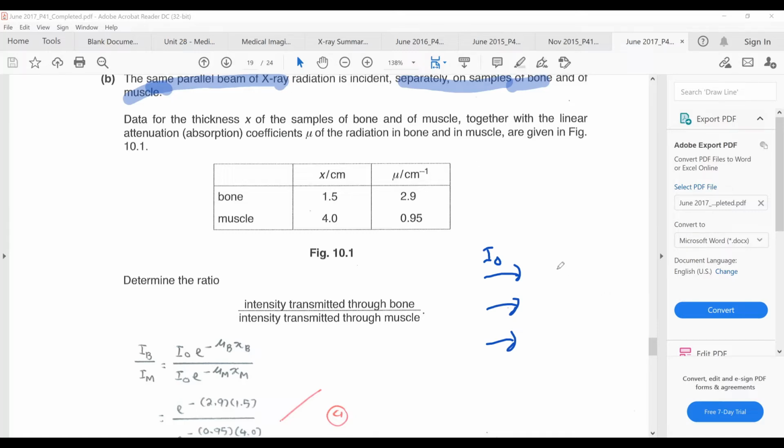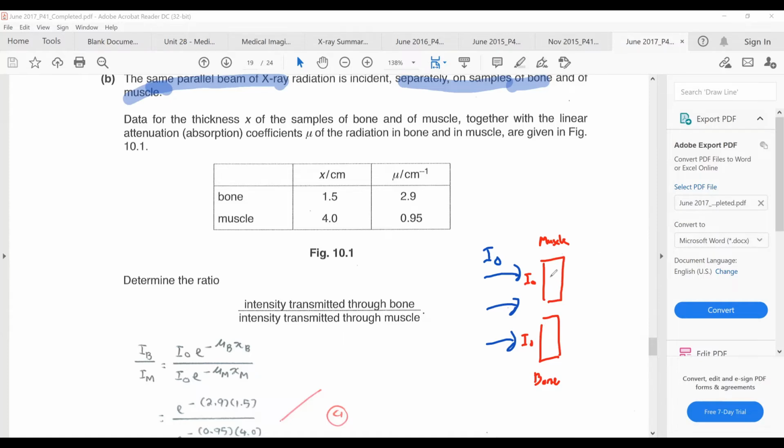So here what it means is that this same parallel beam on one part is incident on muscle, and another part is incident on bone, separately. So what you expect to see is that this one would also be I naught, this one will also be I naught, because they're incident separately at the same time for two different materials.